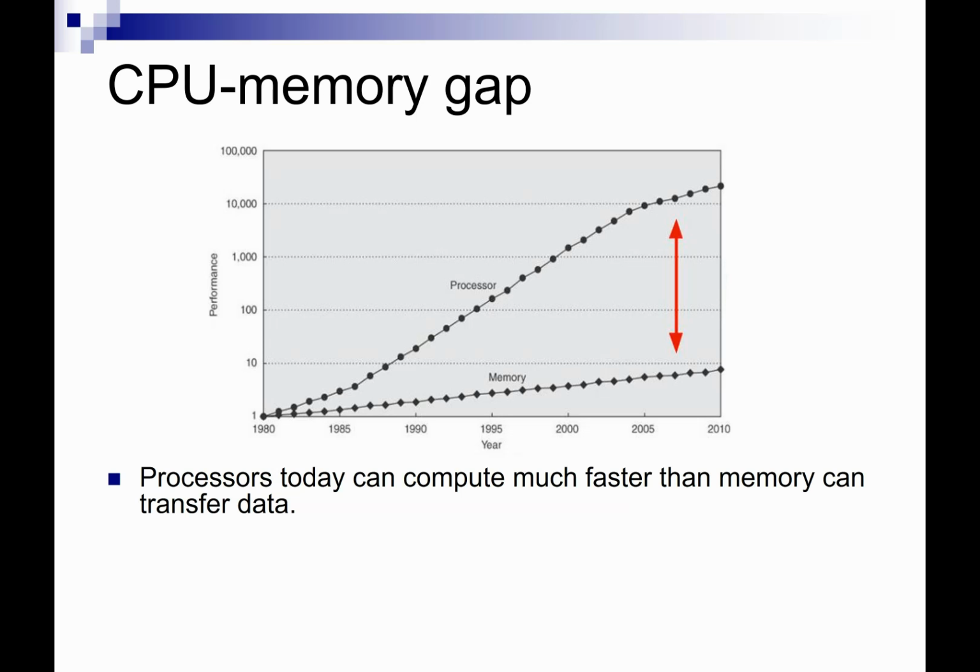What this plot shows is that if you look at the performance of the processor versus the memory over time, then processors have gotten much, much faster. They've actually gotten thousands of times faster over the past few decades. On the other hand, memory has also improved in performance, but not nearly as quickly. And so there's this gap between the processor and the memory, and this gap just keeps growing larger with time.